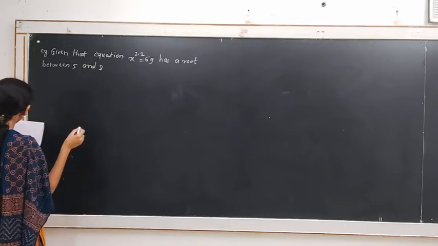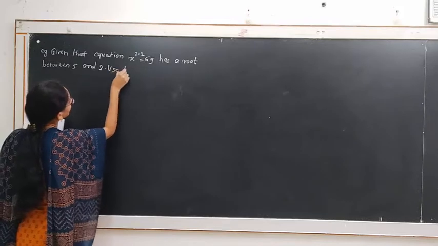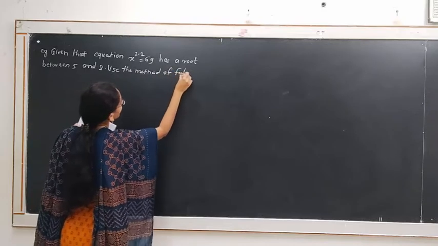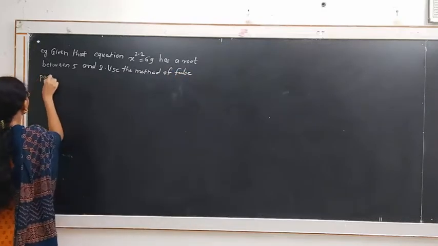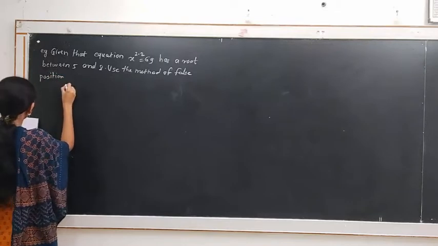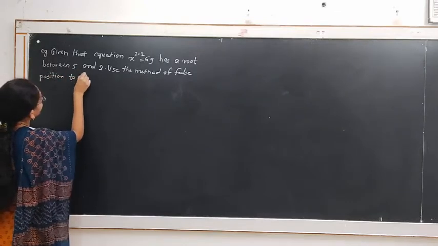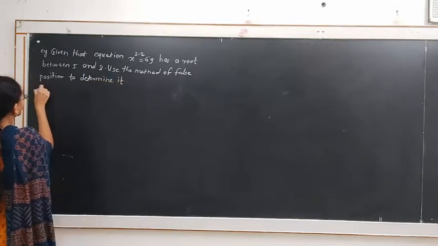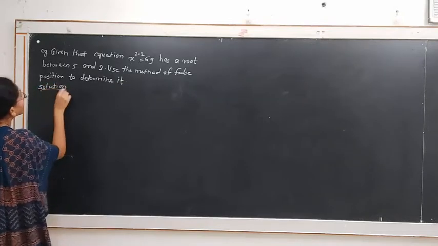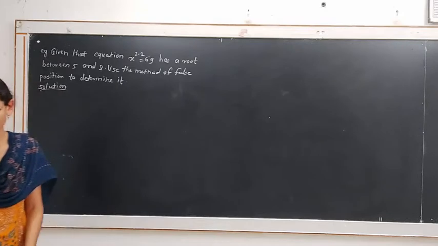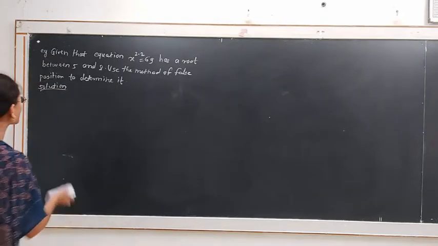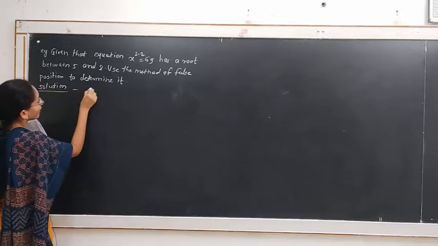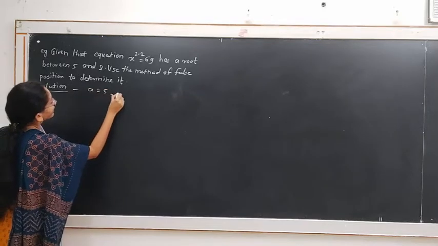Use the regula falsi method. The values of a and b are 5 and 8 respectively.